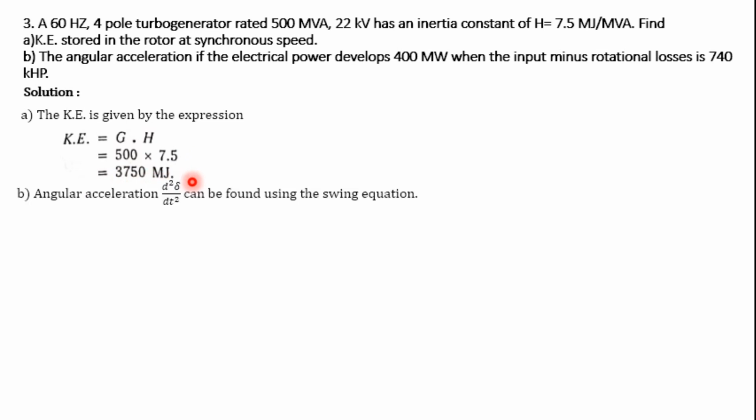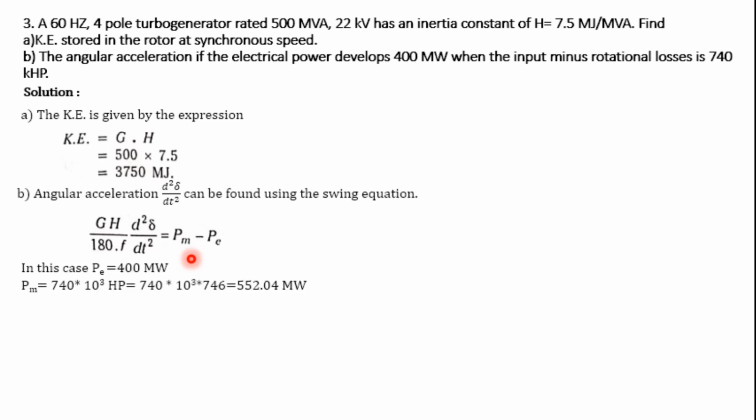The angular acceleration, that is d square delta divided by dt square, can be found with the help of the swing equation, that is GH by 180 f times d square delta divided by dt square equal to Pm minus Pe. In this case, the electrical power developed is 400 megawatt, and the mechanical power is 740 horsepower, converted into megawatt.